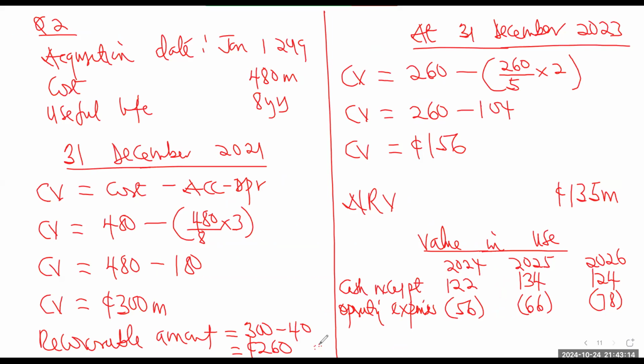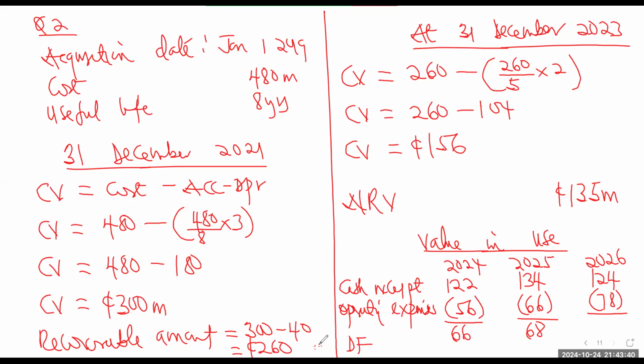So let's come here. What will be our net cash flows now? 122 minus 56. What are we having? 66. Okay. 134 minus what? 68. Okay, that will give us 68. And this will give us 46.